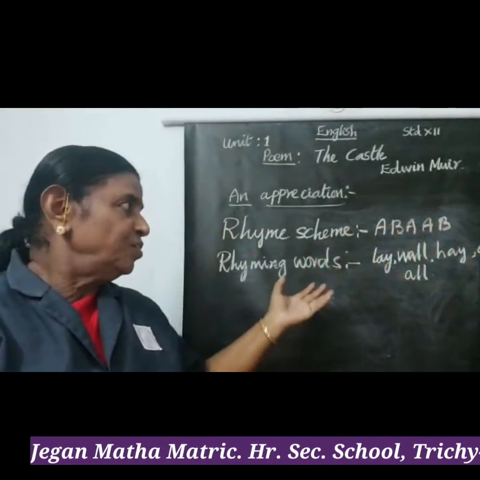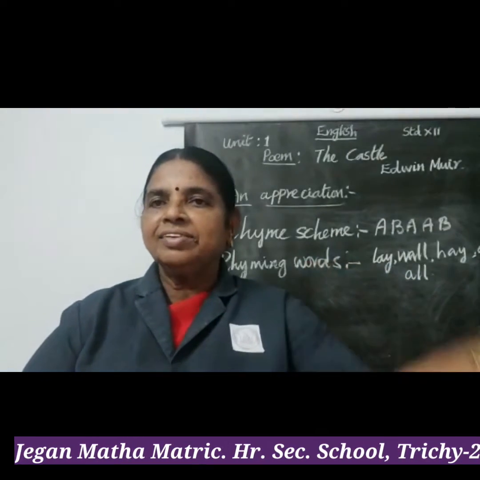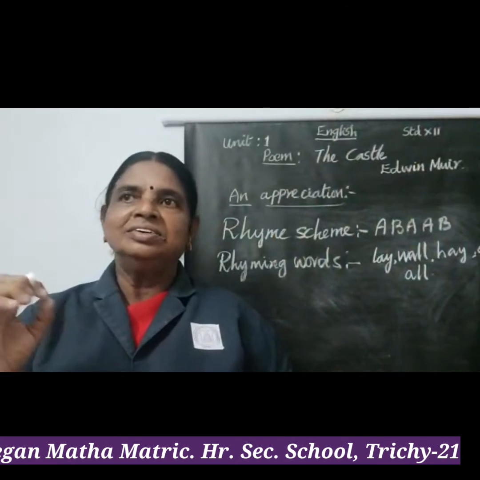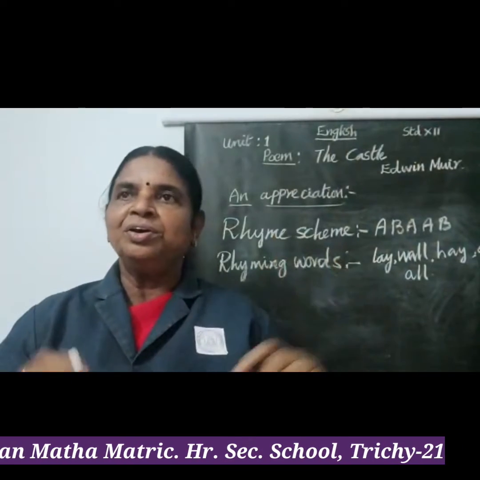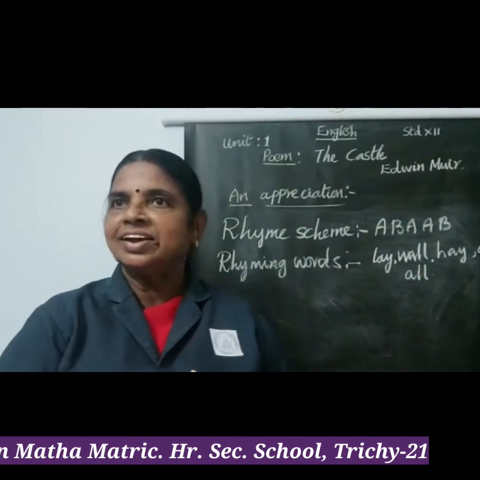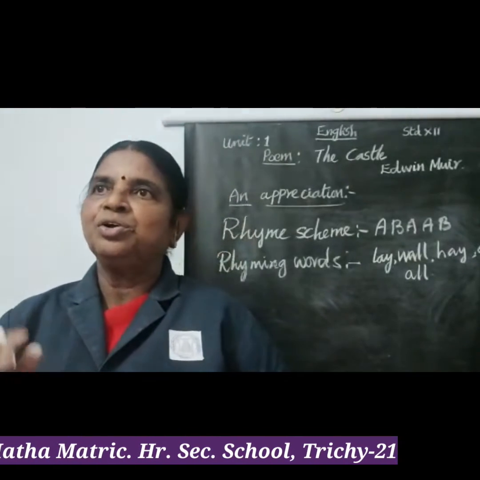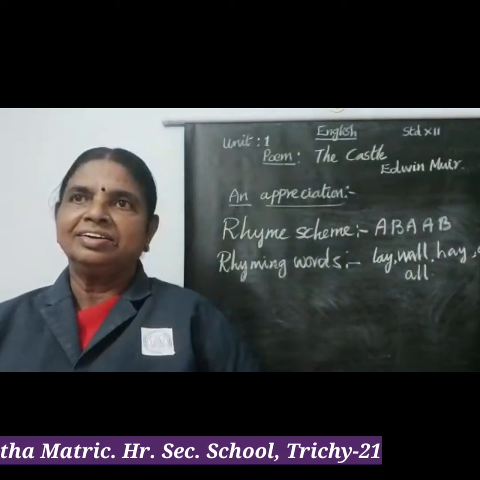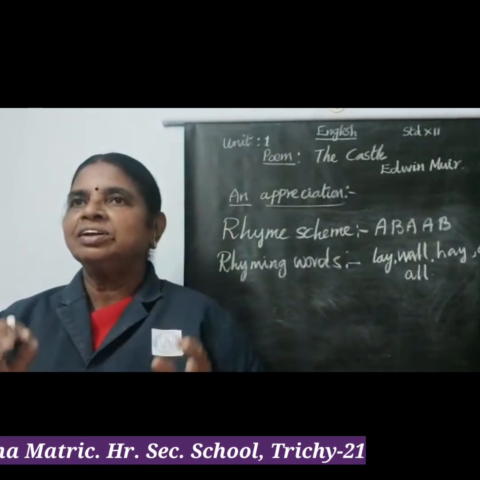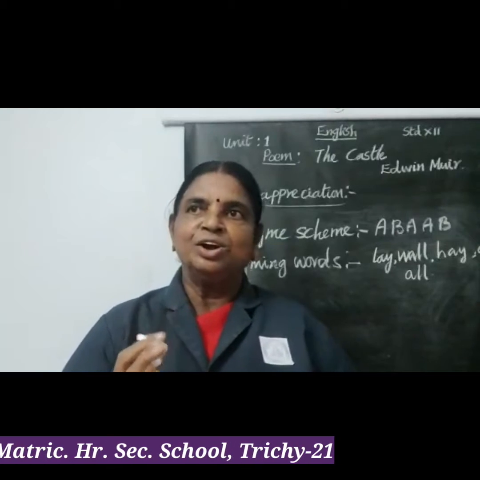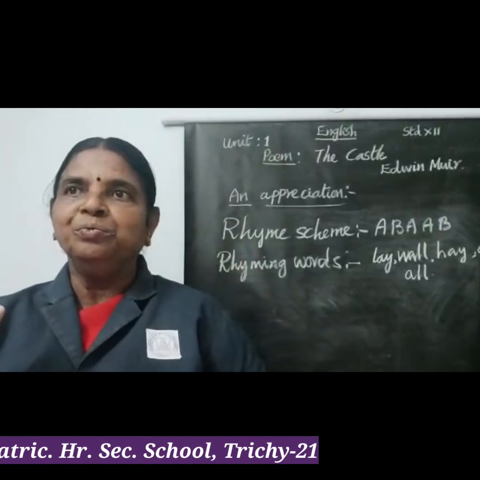So first stanza we saw the rhyming words, and the second stanza rhyming words fear, tire, near, load, road. And the third stanza thick, trick, quick, win, in. Fourth stanza bait, gate, true, through.